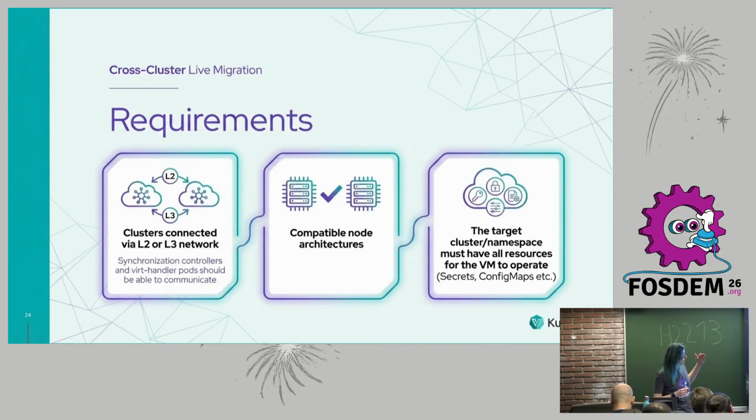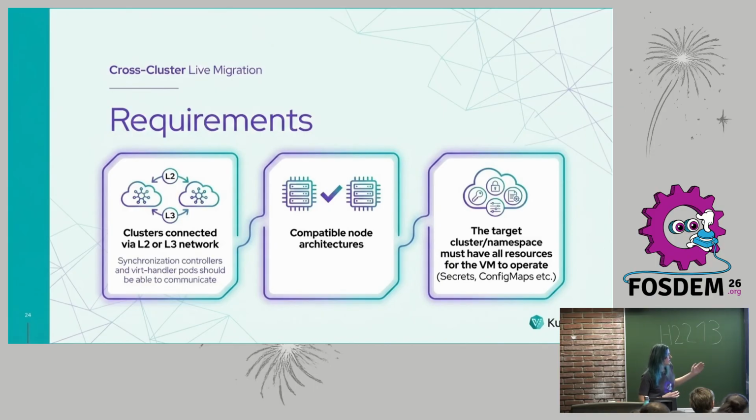Also, your source and target nodes need to have compatible node architectures and VM CPU models. It's required for every live migration, but for cross-cluster it's especially worth mentioning.